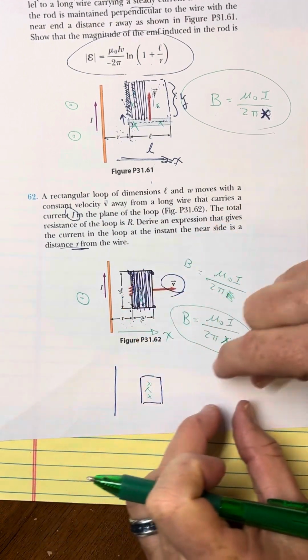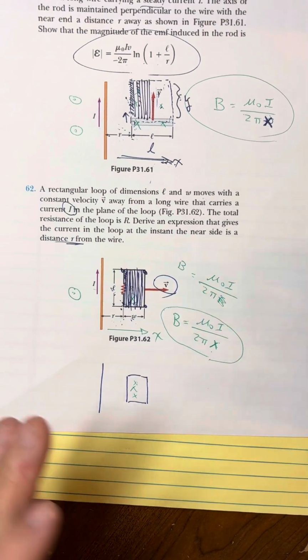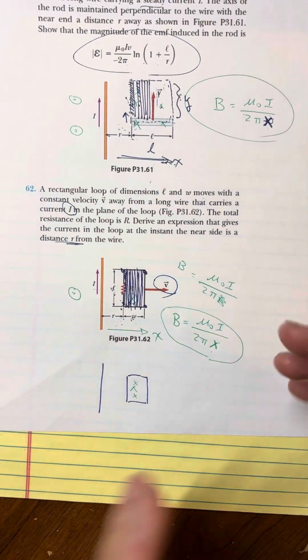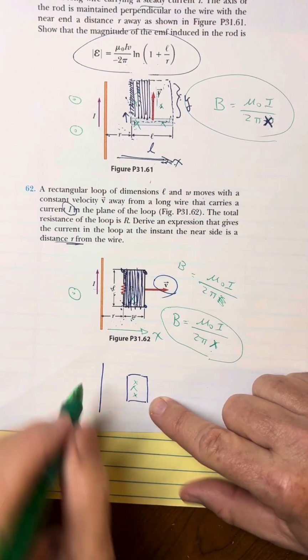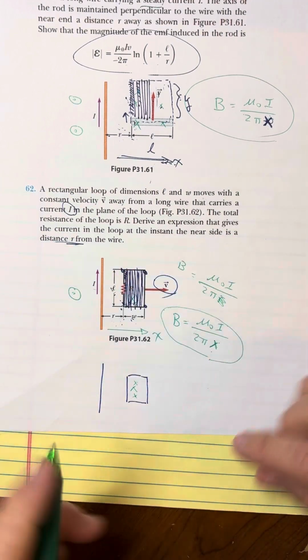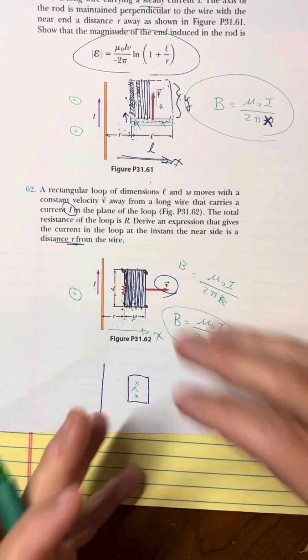And then as we get out, we get less and less and less. So Lenz's law says we oppose the change. In other words, we want to go back to what it was before we started moving it. So there was a lot going in, and as it moves out, there's now less. So the current would be set up in such a way to go back to the original.